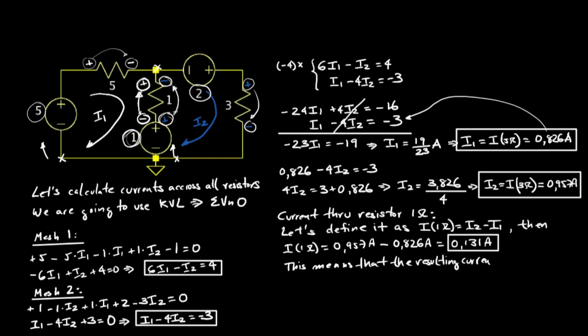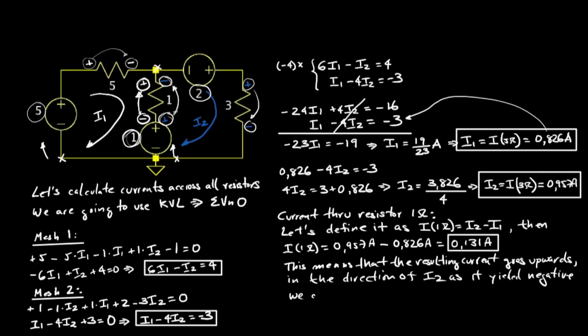If I had defined the current through the 1 ohm resistor the way I defined it, but it turns out to be negative, it means that this is going in the opposite way. It will be flowing through the 1 ohm resistor going downwards. So it depends on the convention you use when you define the resulting current.